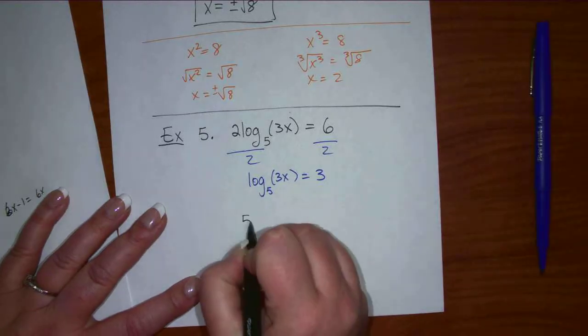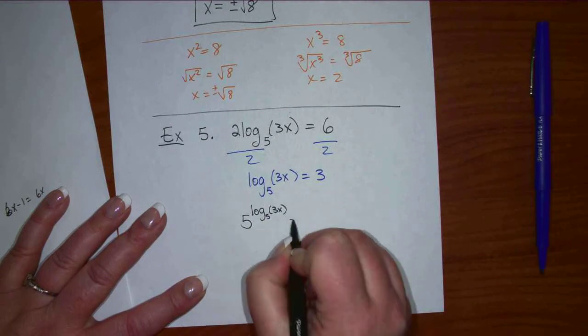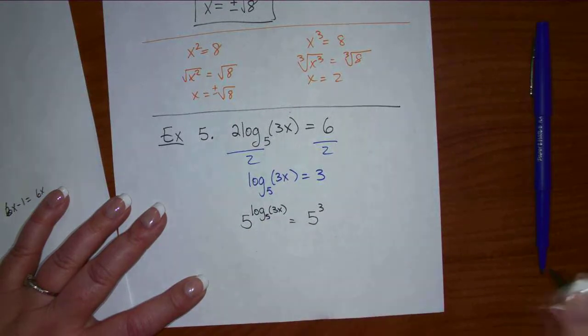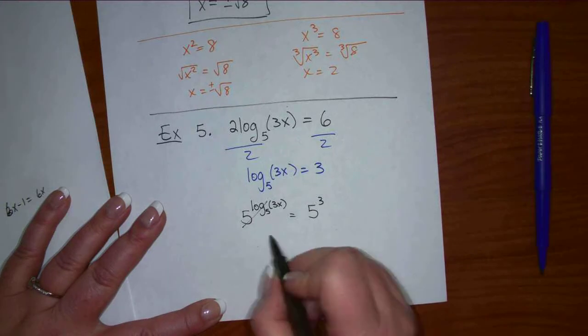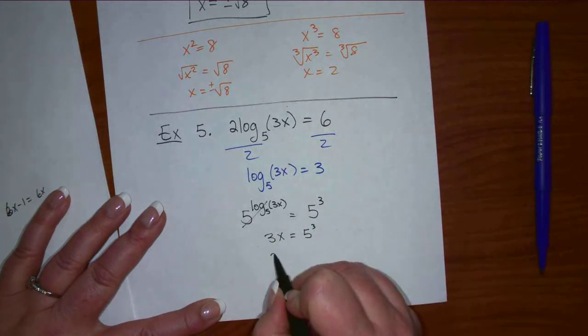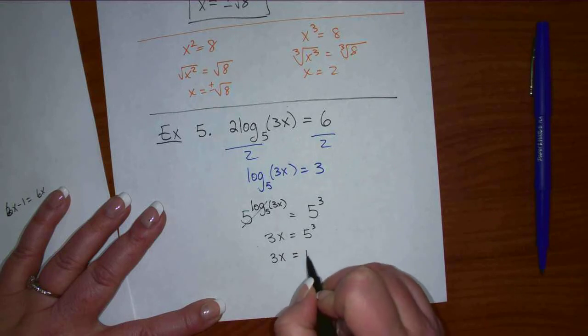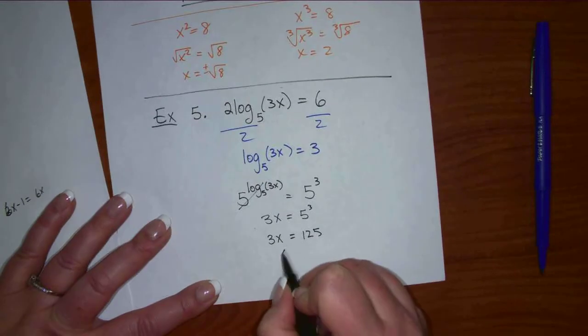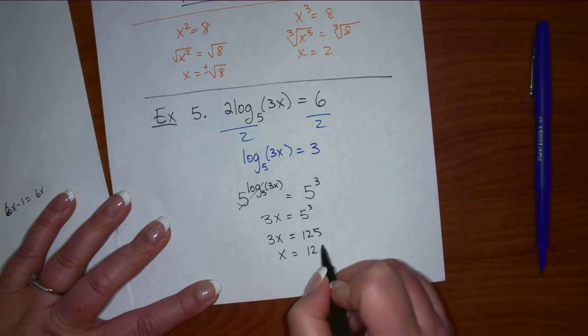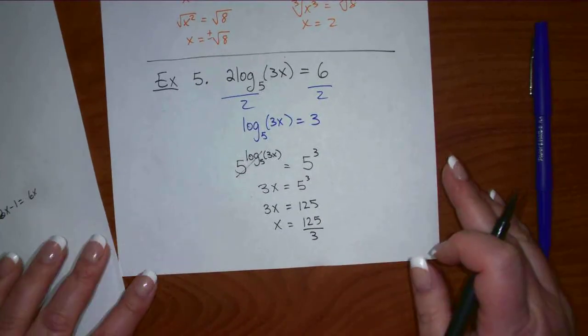So 5 and this stuff as an exponent. They cancel. We have 3x equals 5 cubed. Doesn't work out nice, so we just leave it.